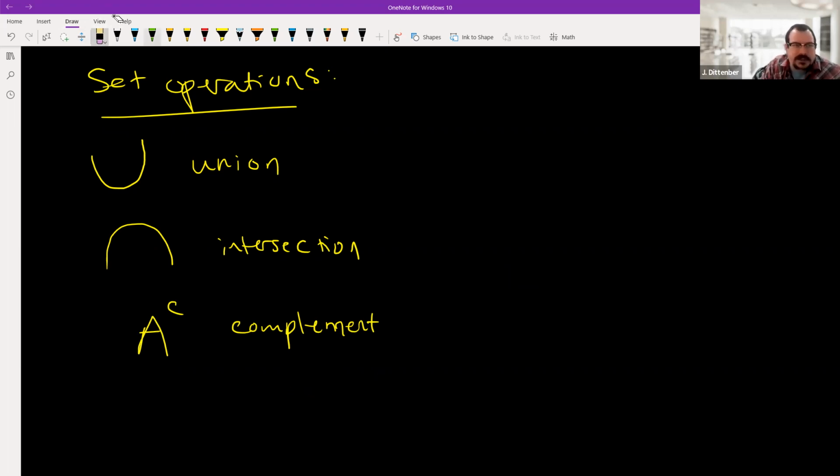Okay, so if A is a set, we'll say let A equal, and I'll just give you a really down and dirty example here, B equal 0, 2, and 3.